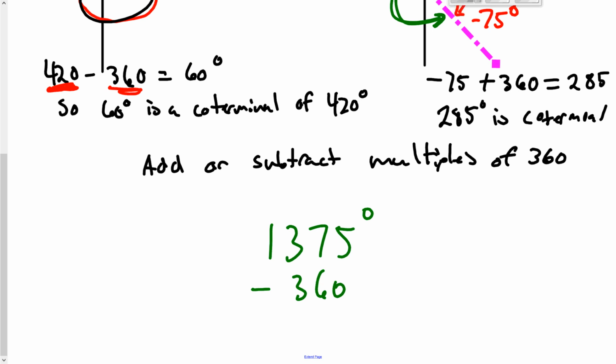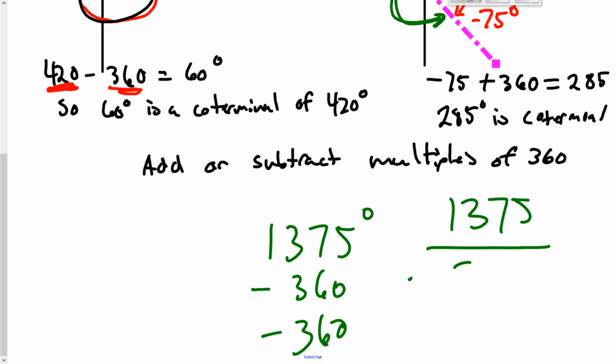That's how you can do that. If you didn't want to repeatedly subtract 360s, you can find multiples of 360. So I take 1375 and see how many 360s are in there, because I just divide that by 360. That gets you about 3.8.